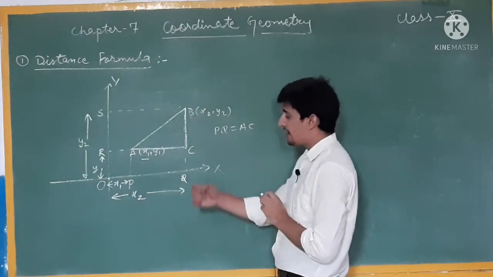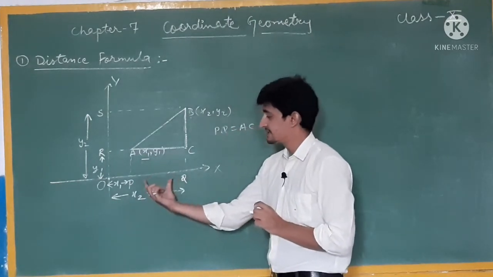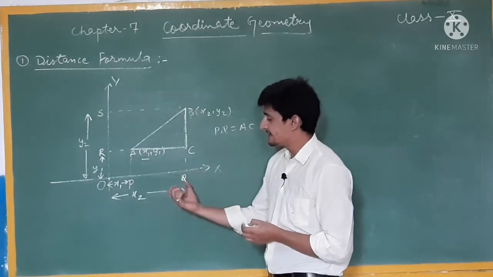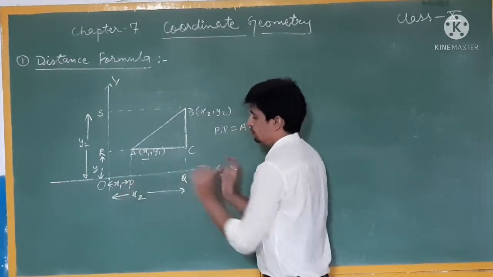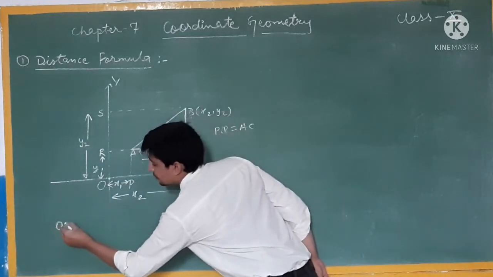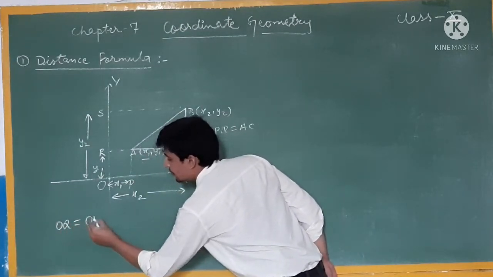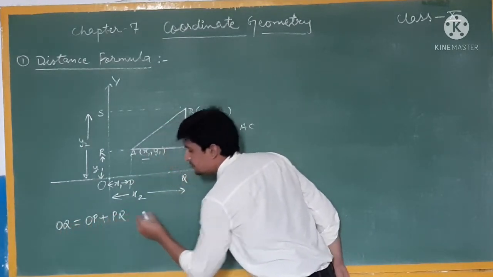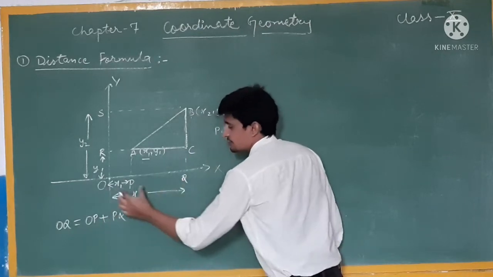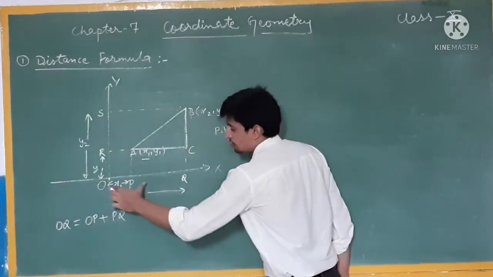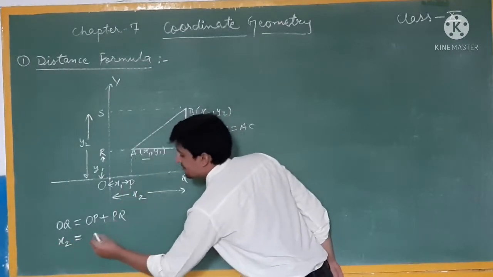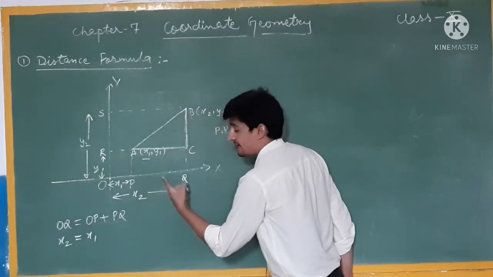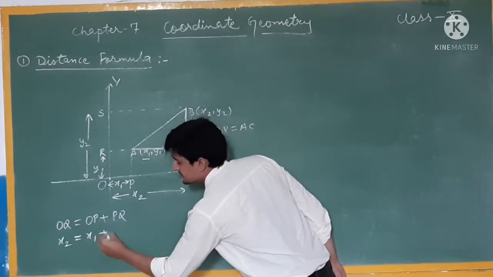Understood? Now what I have to find is the distance PQ. OQ is equal to OP plus PQ, where OQ is x2 and OP is x1, and we have to find PQ.